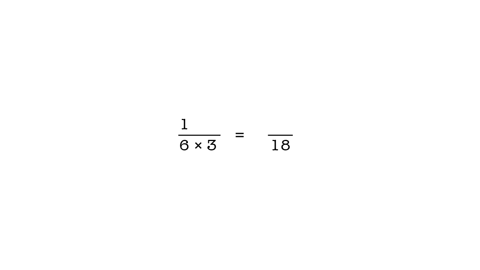So we multiply 6 times 3 to get 18 as the denominator. Now we need to multiply the numerator by 3 also. 1 times 3 equals 3. So the fraction 3/18 is equivalent to 1/6. In the remainder of this lesson, you'll practice expanding fractions like these.